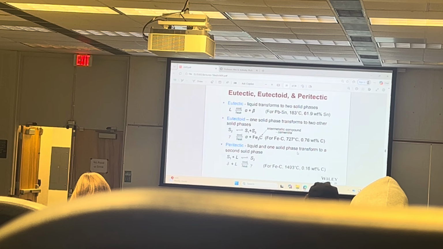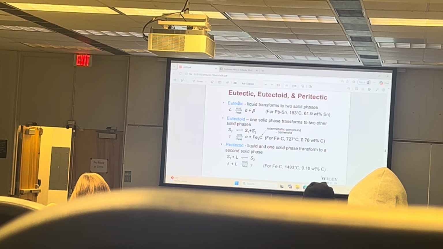Okay, other reactions. We talked about eutectic, and it's when the liquid upon cooling goes to alpha and beta, or alpha and beta upon heating goes to liquid. There's another reaction called eutectoid, and the eutectoid reaction is happening in solid state. So we have one solid that's getting decomposed upon cooling into two different solids, or the two solids get composed into another one.